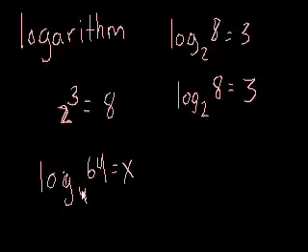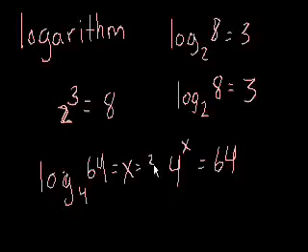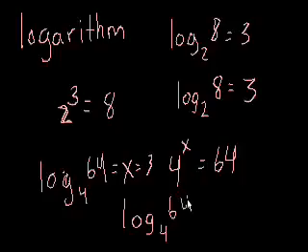Another way of rewriting this exact equation is to say 4 to the x power is equal to 64. Or another way to think about it, 4 to what power is equal to 64? Well, we know that 4 to the third power is 64, so in this case x equals 3. So log base 4 of 64 is equal to 3.